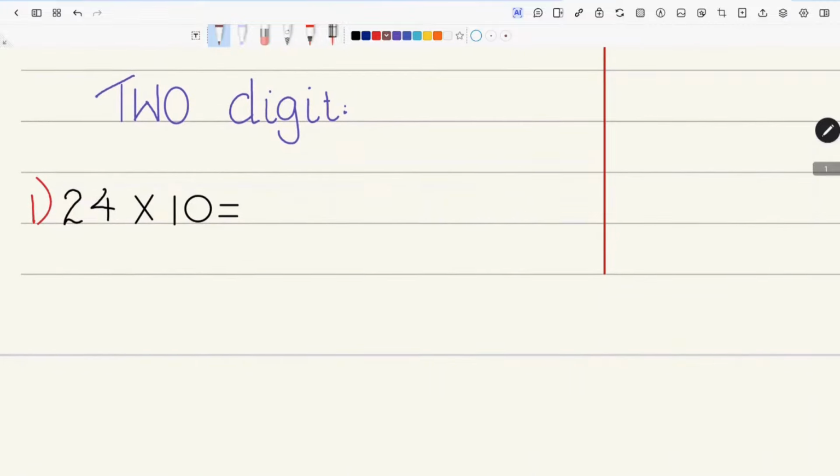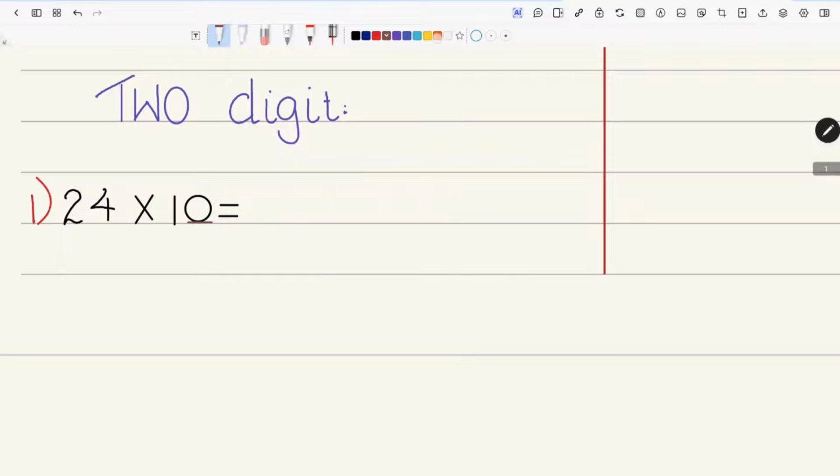Okay, now we'll go into 2-digit numbers. It gets a little bit harder, but it's still the same rules. Keep in mind, if it's 10, you add 1 zero. If it's 100, you add 2 zeros. And if you have 1,000, you have 3 zeros, you add 3 zeros. So for this question, how many zeros are there in 10? 1.